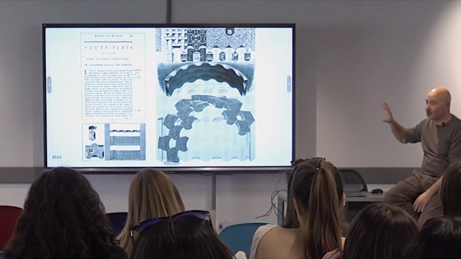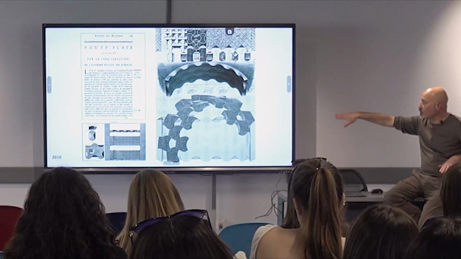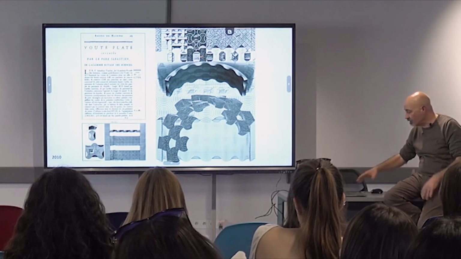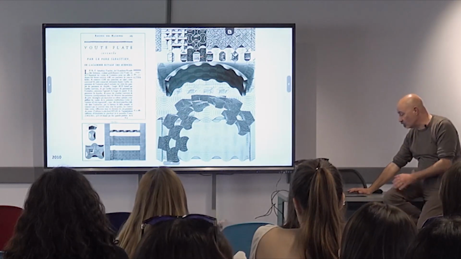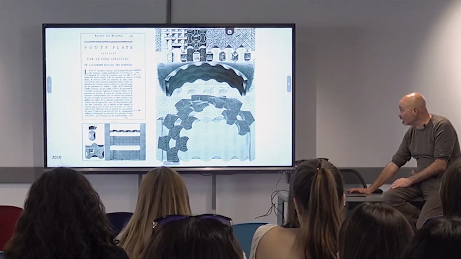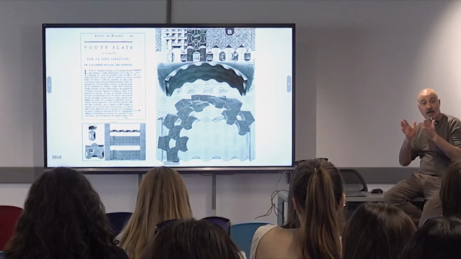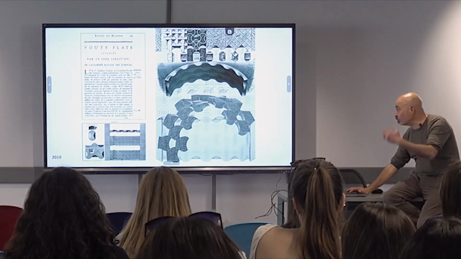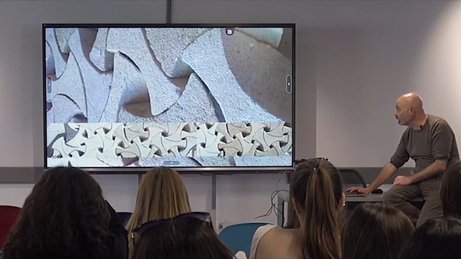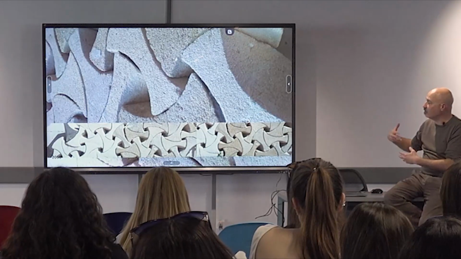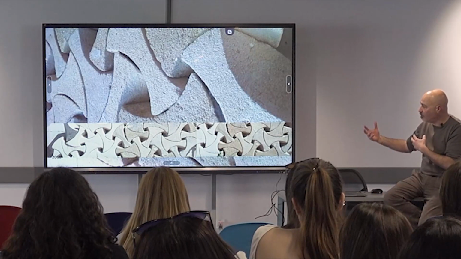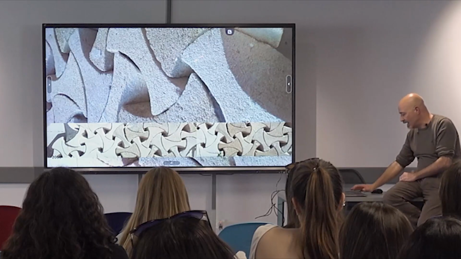That was never built in history. We never found something realized using this pattern, but the idea was to connect the blocks using a double curvature shape in order to improve the system. So we tried to realize the same experience using only one block and complexity of assembly.